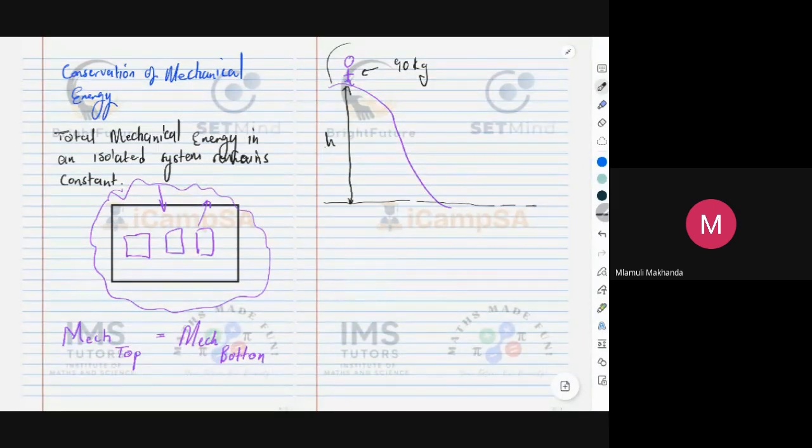How do I then represent this to you? Mechanical energy is equal to kinetic energy plus potential energy, right? So the kinetic energy plus potential energy at the top here is going to be equal to the one at the bottom here.